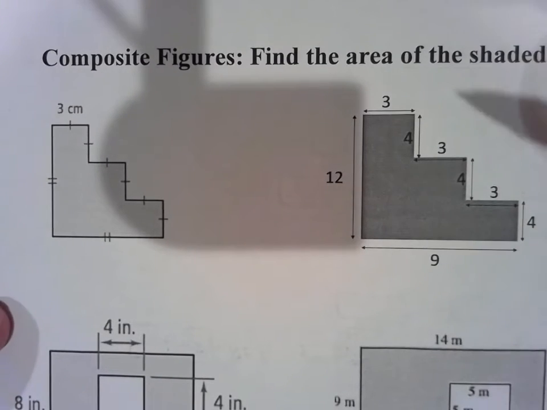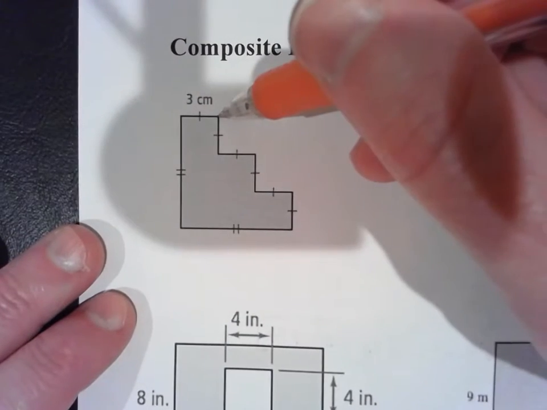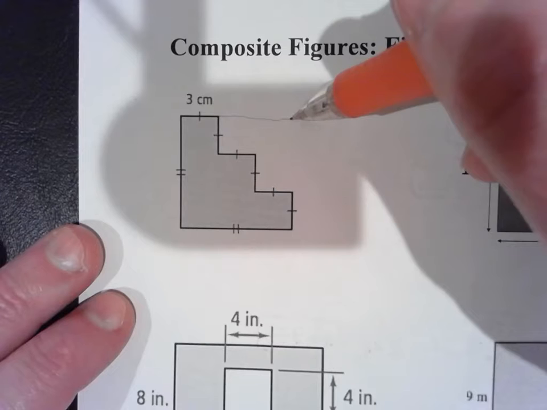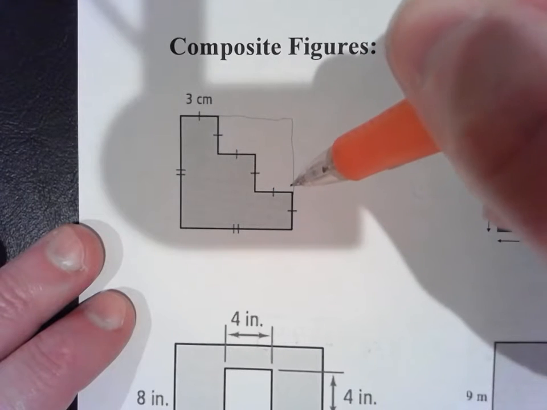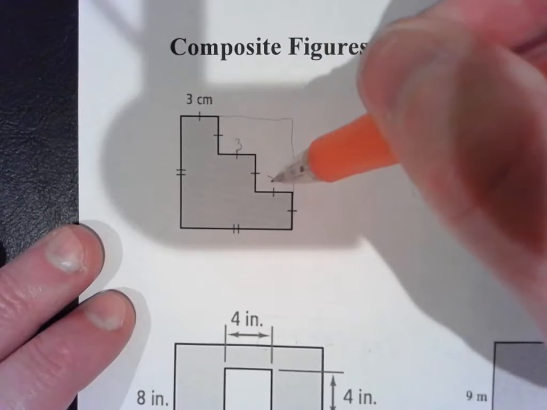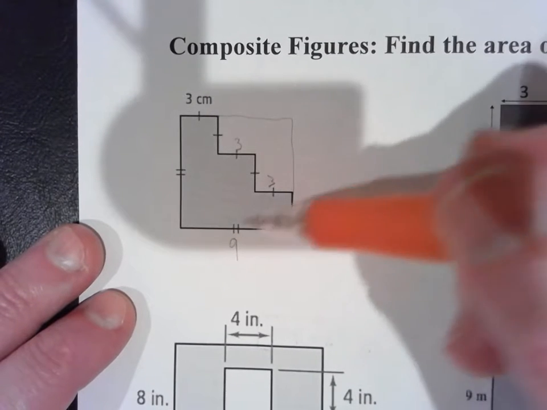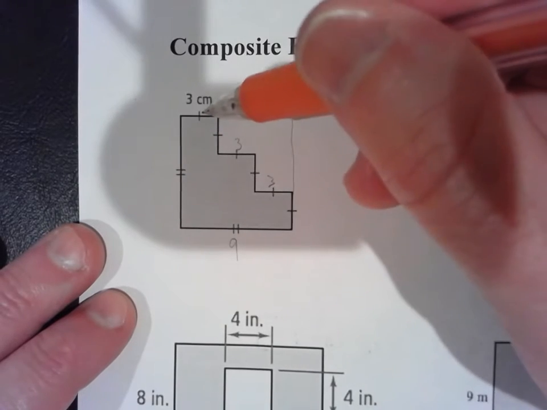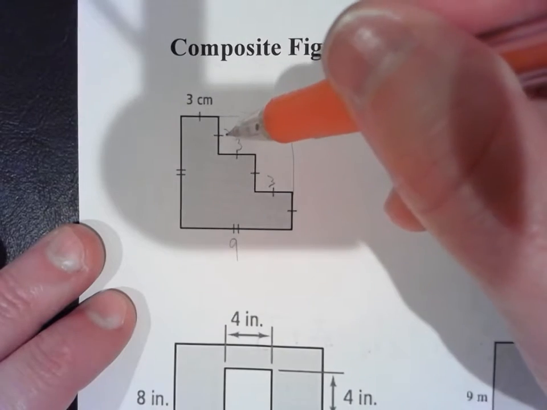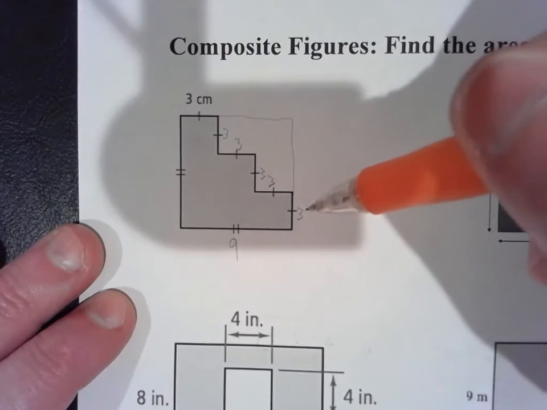So for example, in this first one, option is to think of this as one big square. And so if this is 3 centimeters and this is 3 centimeters and this is 3 centimeters, the whole length is 9. Because these are marked congruent, this is 3 centimeters, the height is 3 centimeters, the height is 3 centimeters.